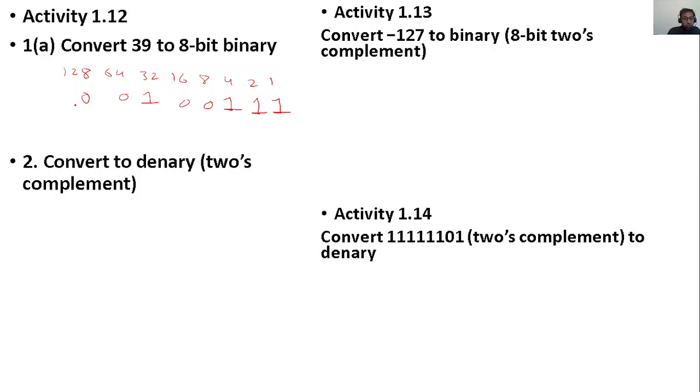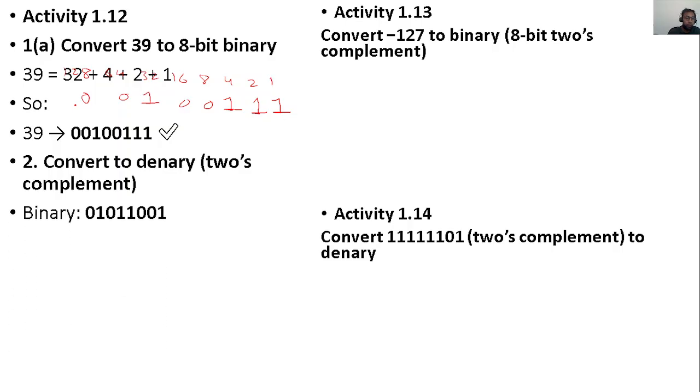Convert to denary from 2's complement. Okay, this is our binary number. What we have to do is convert it into denary from 2's complement. Let's say we have to take the 2's complement of this number, or what do we have to do?